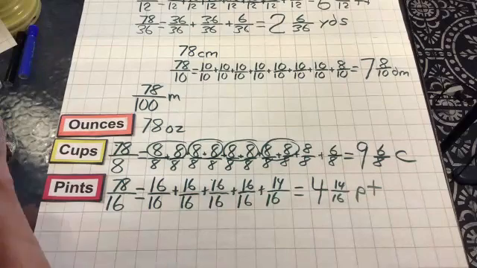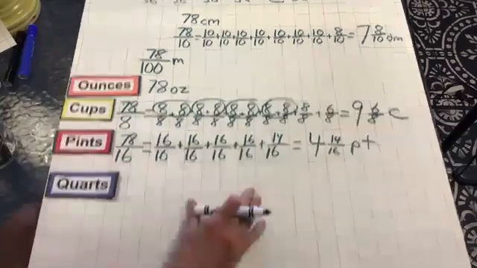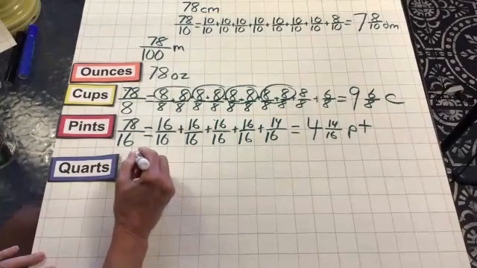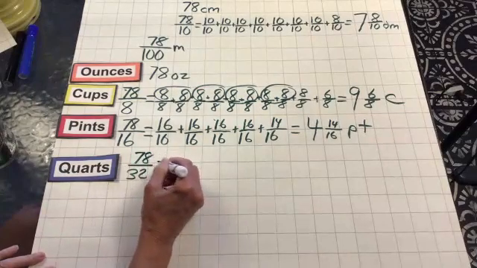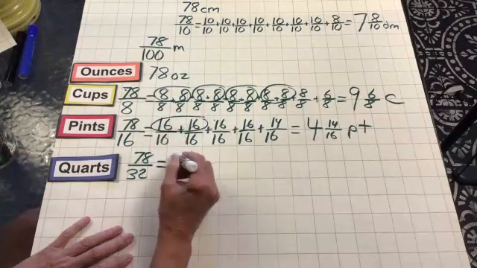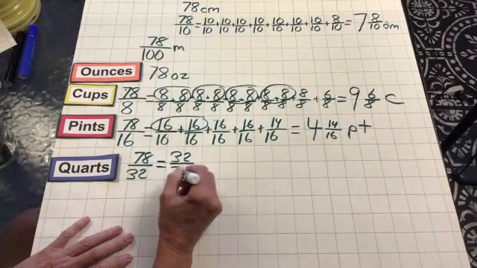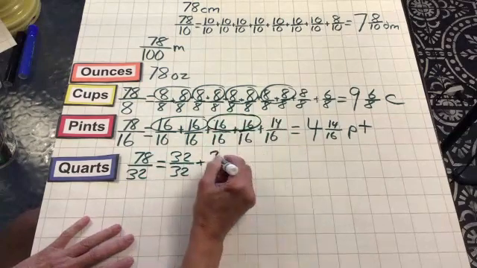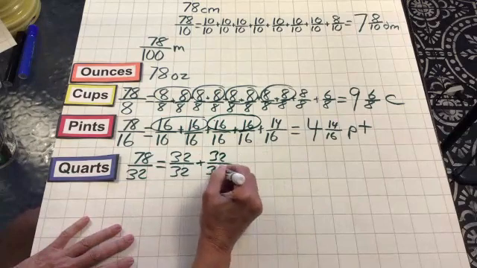All right, let's move on to quarts. It takes 32 ounces to make a quart. We have 78, so we're going to break that apart into 32. We know 16 plus 16 is 32, so we have a quart there. And then we have another set of 32, another quart.